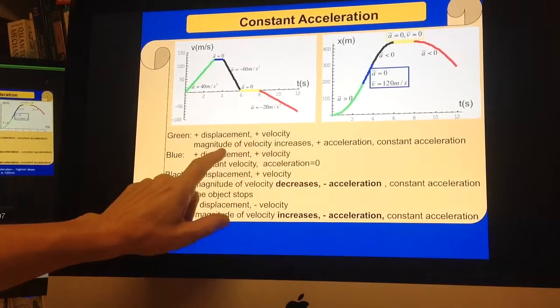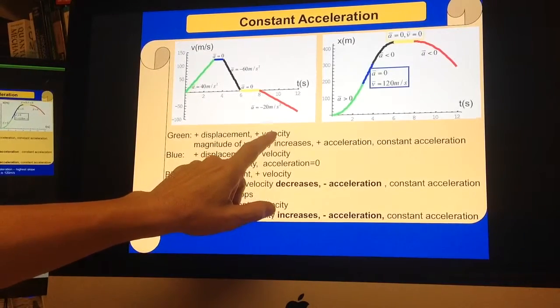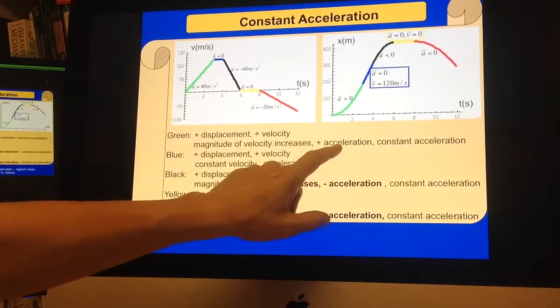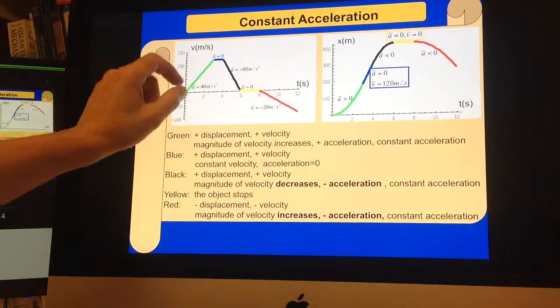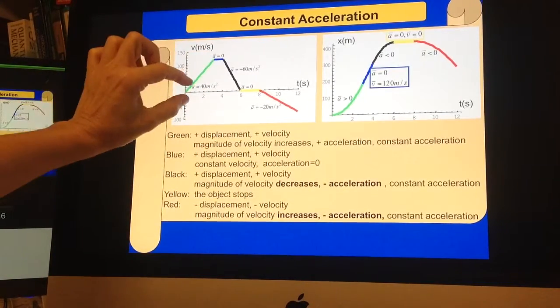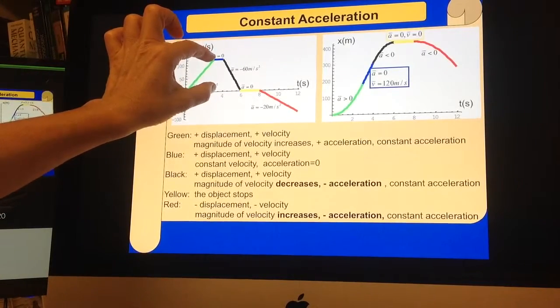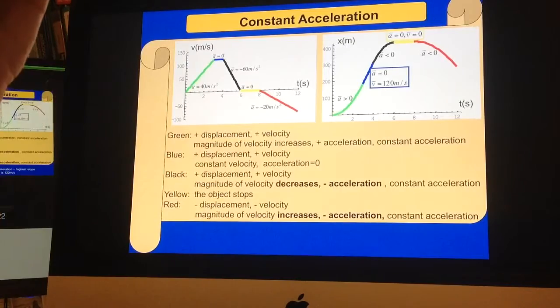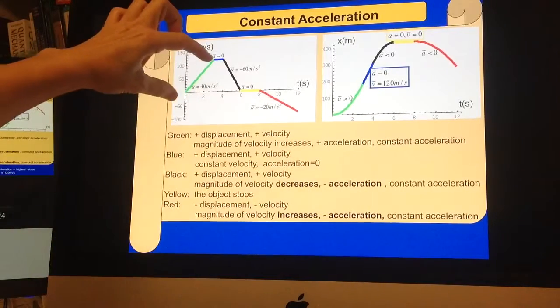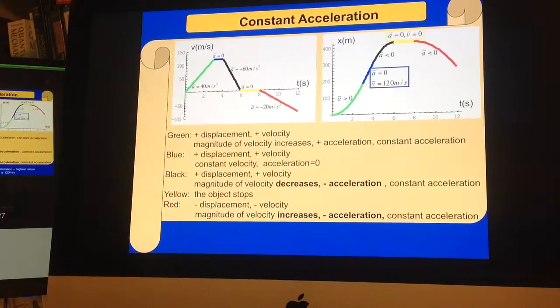That's what guarantees that the magnitude is increasing. So the velocity is plus, the acceleration is also plus. And I can get even the value of this acceleration from the plot. The acceleration is this slope, so it's this delta v divided by delta t. Okay? It's constant acceleration because we have a straight line.